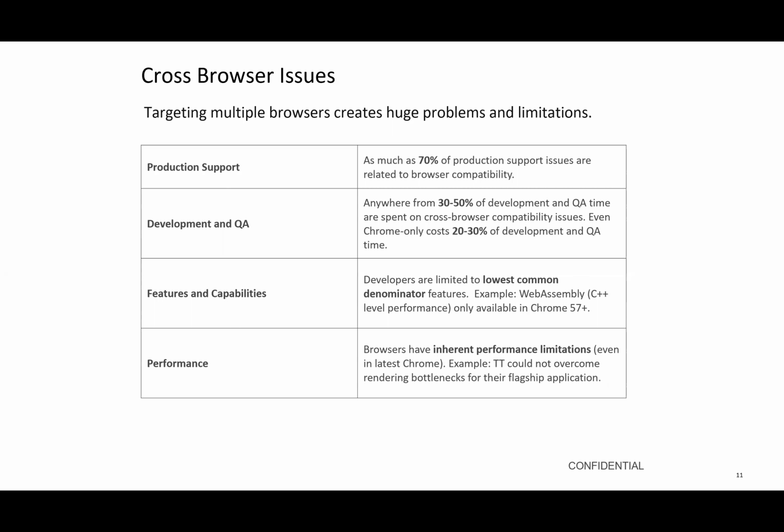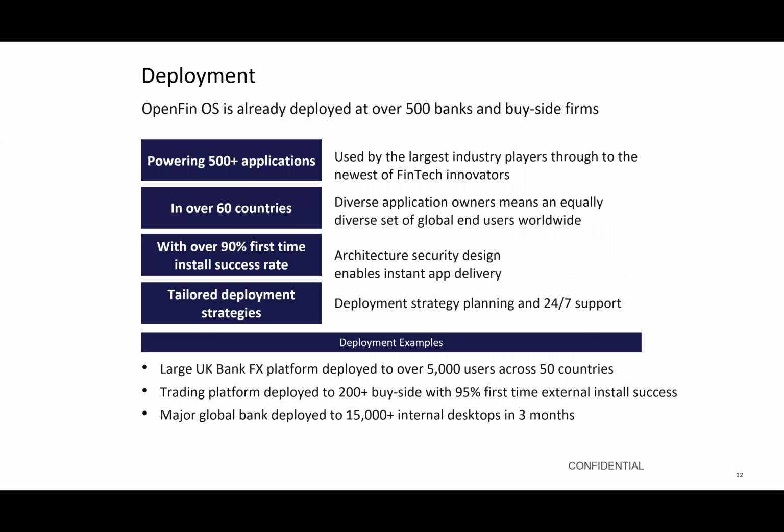We've also seen up to 30 to 50% of development QA time spent on this cross-browser compatibility issue. So using OpenFin is going to remove a lot of these problems and limitations. And then lastly, on deployment, we're already deployed in over 500 banks and buy-side firms, which is really great, this critical mass behind us.